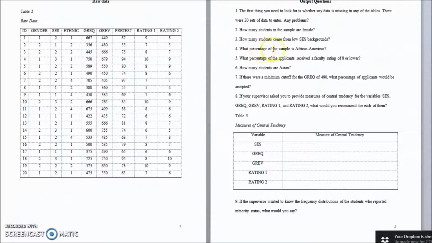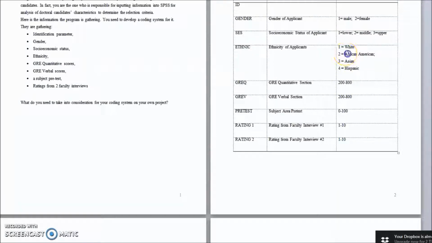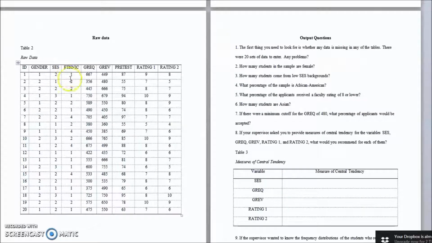What percentage of the sample is African American? Remember, here it is asking you the percentage of African American. So the best way to do that is, once again, I go back to my code. I found out which is the code for African American. How do we find out the percentage? You find out how many 2s you have, because that is African American. So how many African Americans do you have?